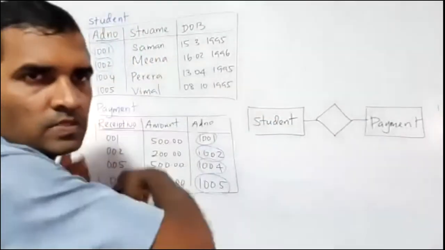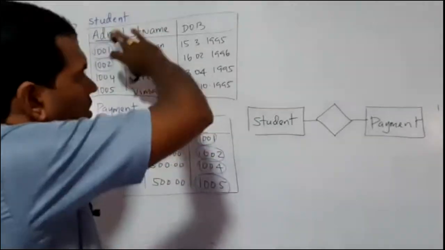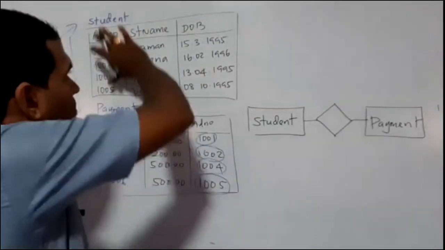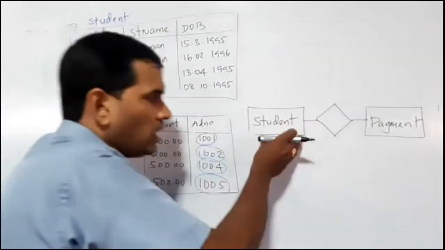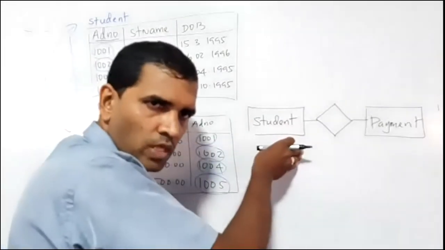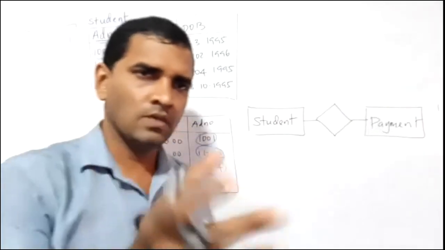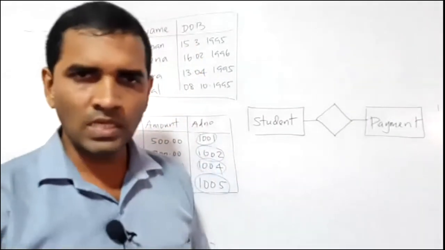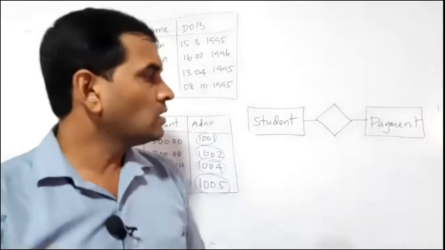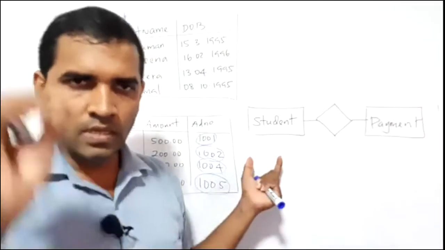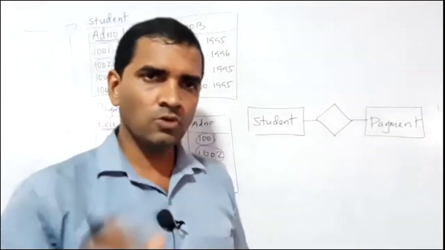Even if you don't have student table and payment table on the board, you can imagine. Because this is student table, definitely it has students' details, such as name, maybe admission number, date of birth, age, address, all of them. Simply, student table has students' data.